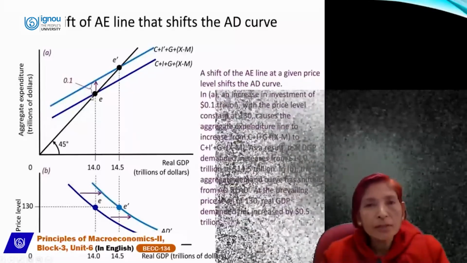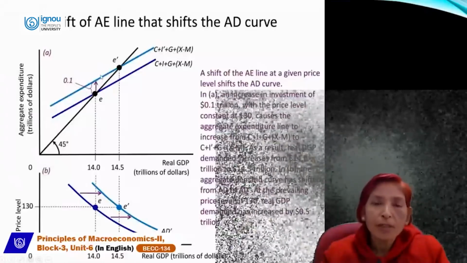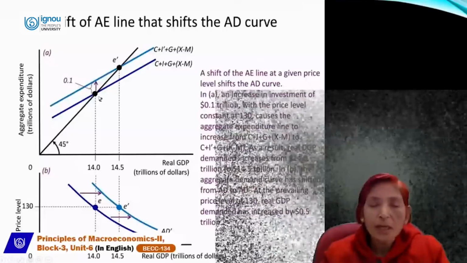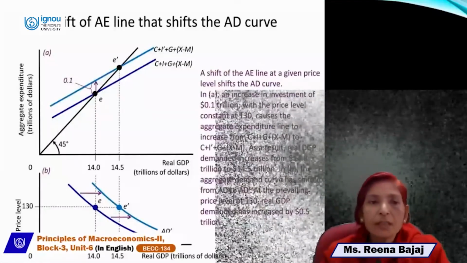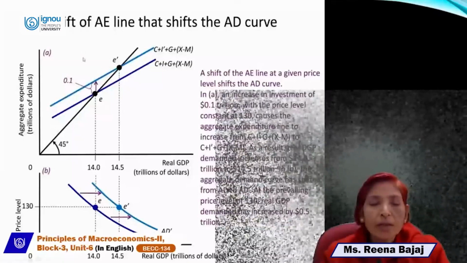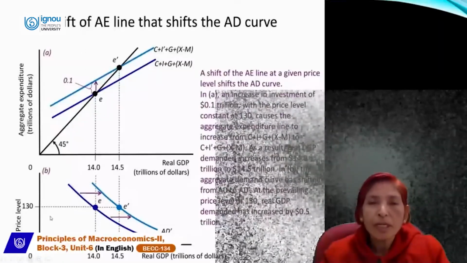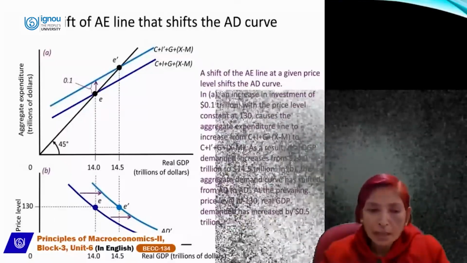And if there is any shift in the aggregate expenditure line, it may shift upward or downward, then the equilibrium point will also change and the level of income will also change. And if we take these two equilibrium points on another curve, then we can show the shift in the AD curve with the help of the aggregate expenditure line.